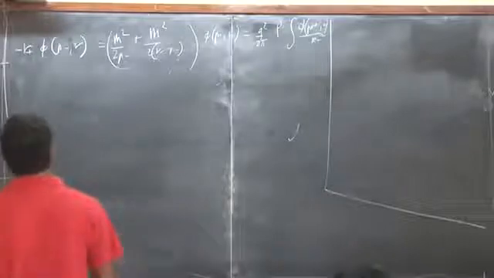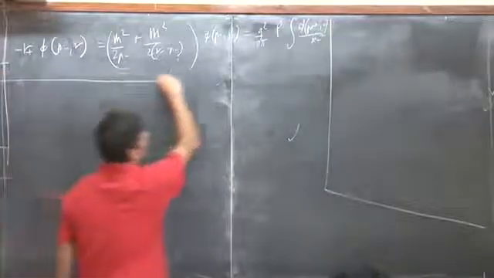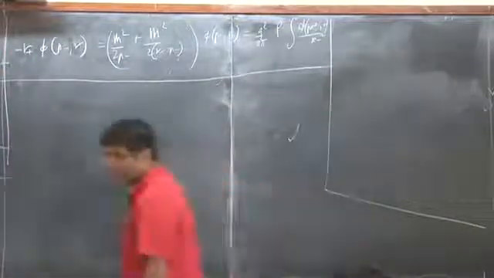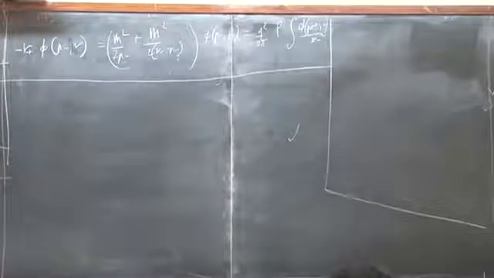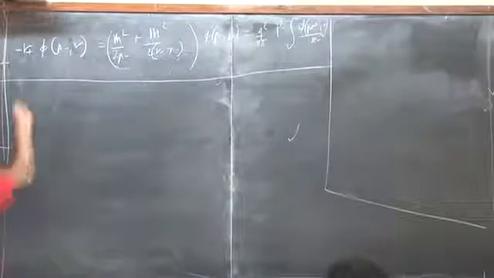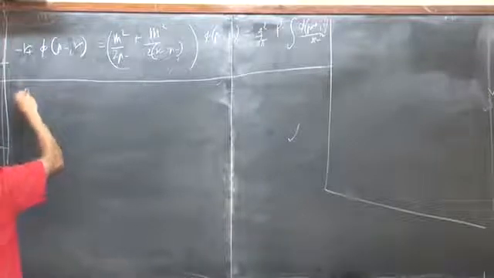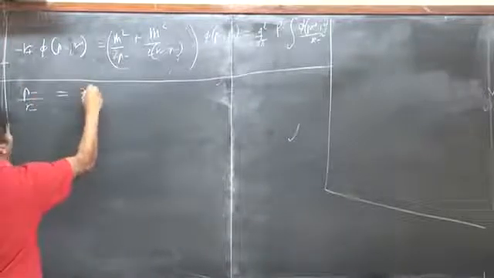Now we want to understand this equation a little bit. So the first thing we do is to define some new variables that are convenient. Let's define the variable p minus divided by r minus is equal to x.